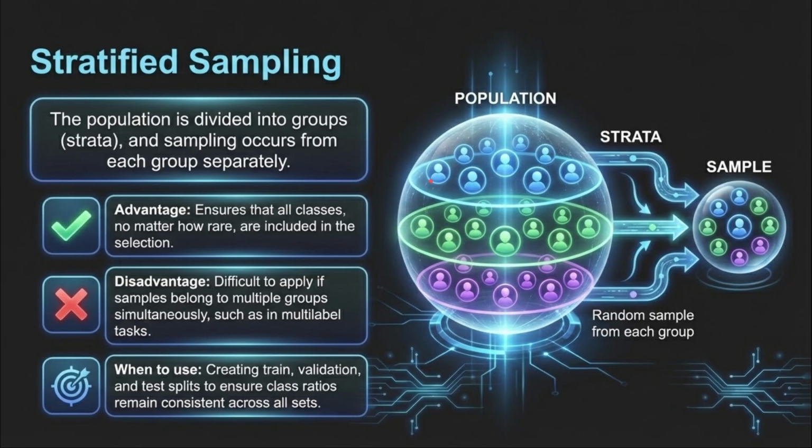Stratified sampling: we'll pick an equal amount of samples from each group, so that however rare they are, they're always included in the selection. But the disadvantage is that it is difficult to apply if we have multi-class groups simultaneously, such as in a multi-label task.